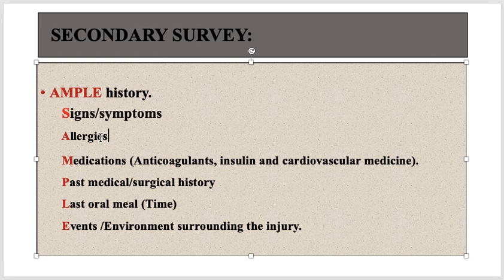So we address airway, breathing, and circulation. But in this one, we take this history and then go for a head to toe examination, a detailed examination, to see what kind of injury is there, what organs or things are damaged, and what other care the patient needs. So this is how they do it.